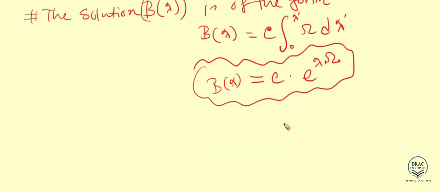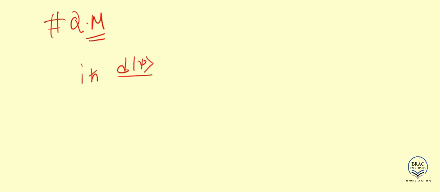Before I finish off, let me try to show you why these kinds of discussions are important, because in quantum mechanics we have the Schrodinger equation: i h-bar d psi/dt equals the Hamiltonian acting on psi.